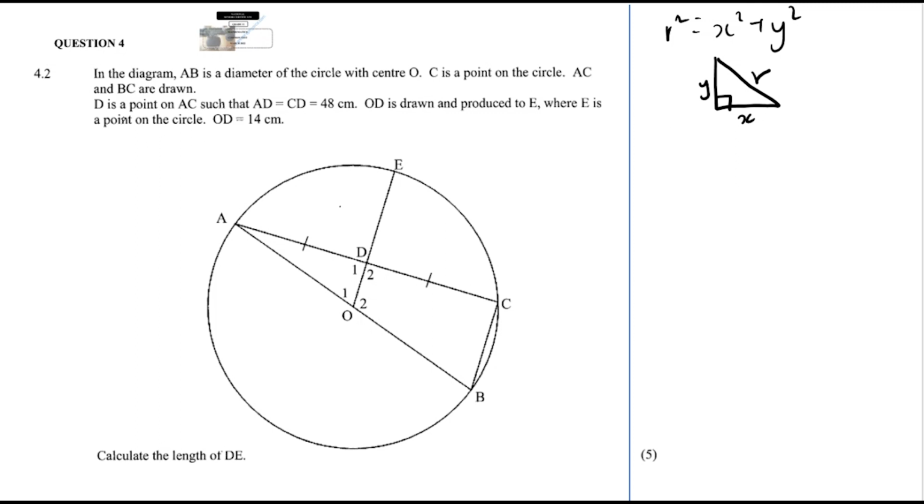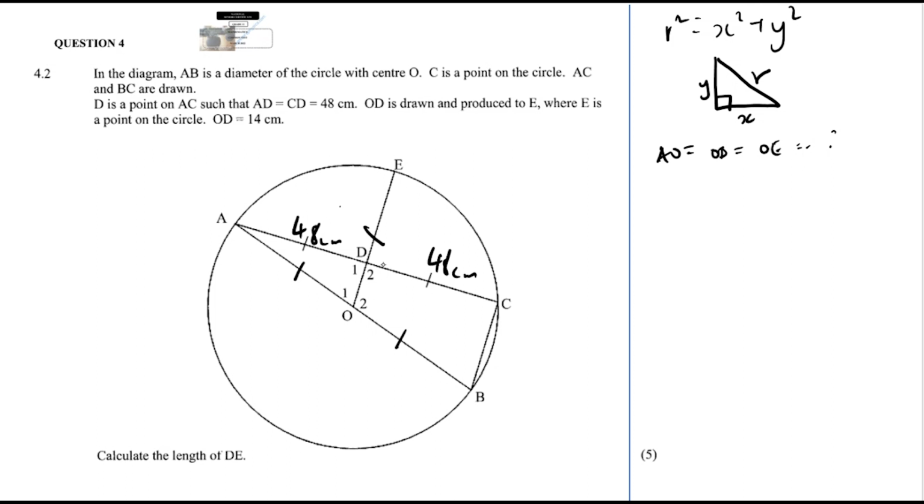Now, in the diagram, AB is a diameter with the center O. There's center O. It means AO is equal to OB and also OE. Right, and then D is a point on AC such that AD equals CD, which equals 48 centimeter. There is AD, which is 48 centimeter, and DC is 48 centimeter again.